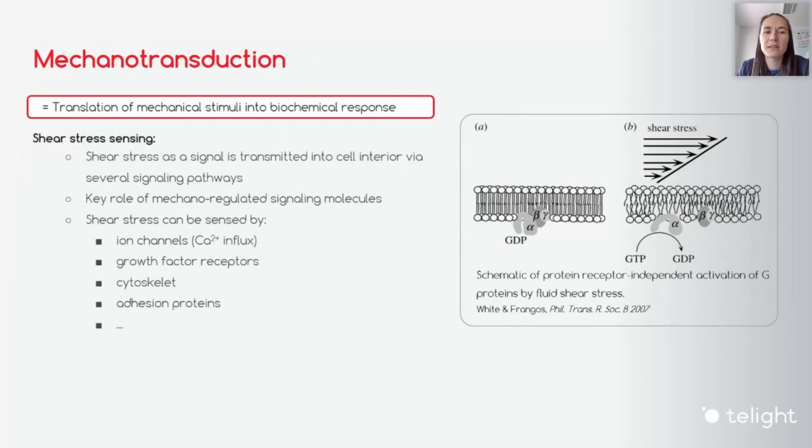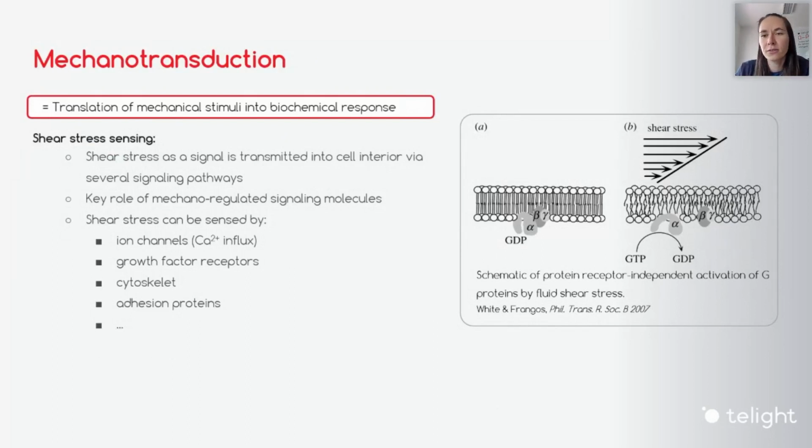But how is it possible that some force can affect cell biology that significantly? It's because cells can actually sense mechanical forces and then translate this mechanical stimulus into biochemical responses. Shear stress sensing is a process by which the signal is transmitted from the cell membrane into the cell interior, and there are different signaling pathways by which cells can do that.